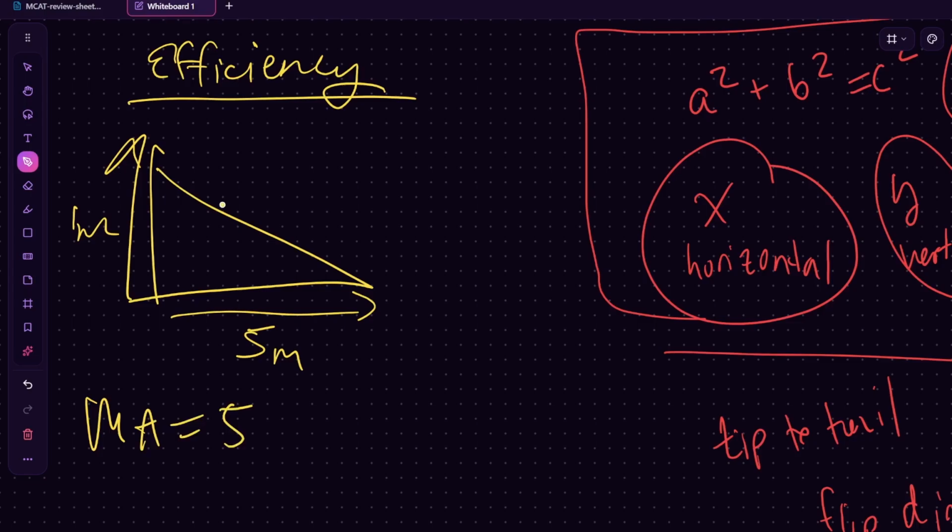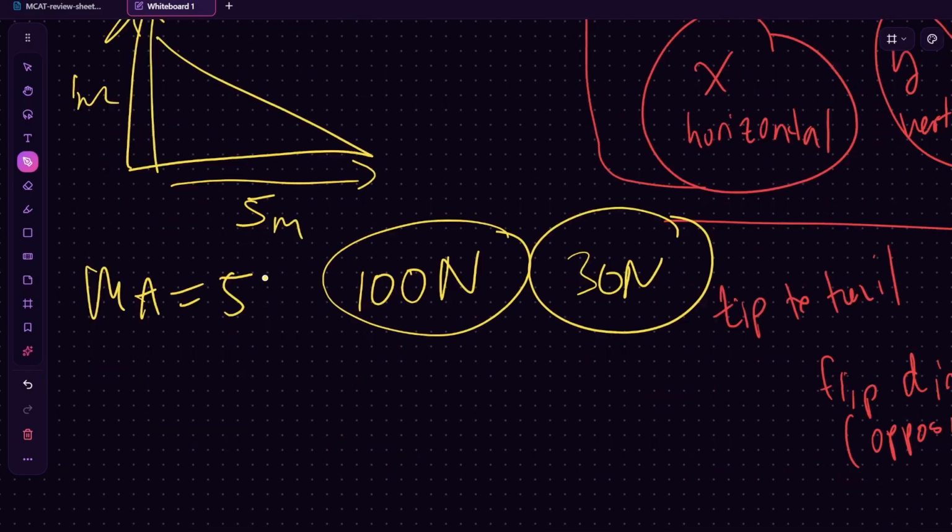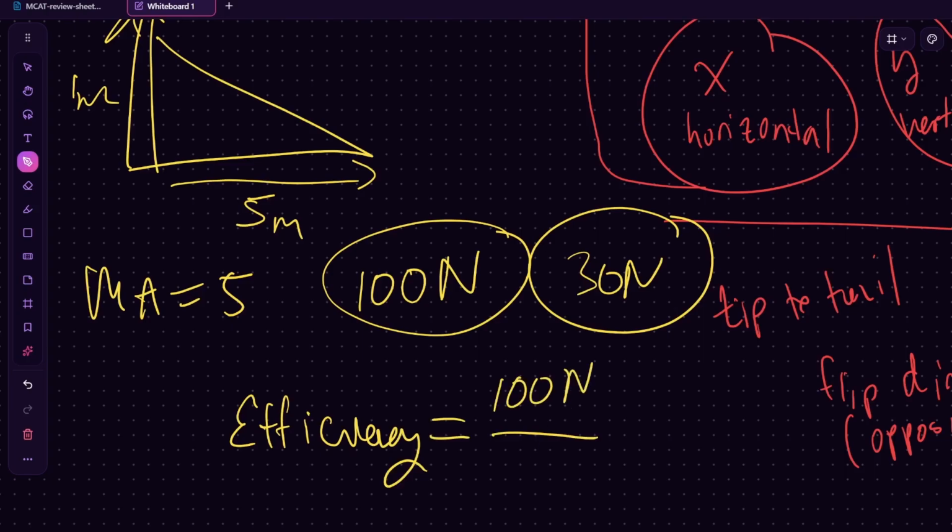Now say you actually use this ramp to push a 100 Newton crate up to the top with the real friction included. Instead, it actually takes 30 newtons of force to get there. So the actual MA is 100 N divided by 30 N, which is 3.33.